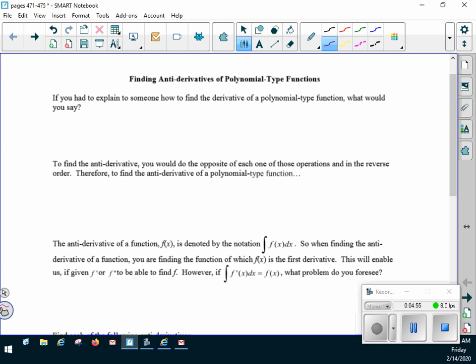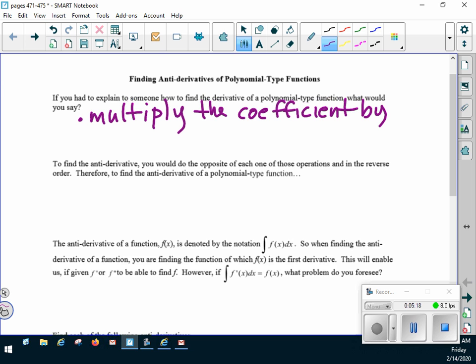Multiply the leading coefficient by the exponent. Write this down. I haven't given them notes yet. Just a minute. Multiply the coefficient by the exponent.